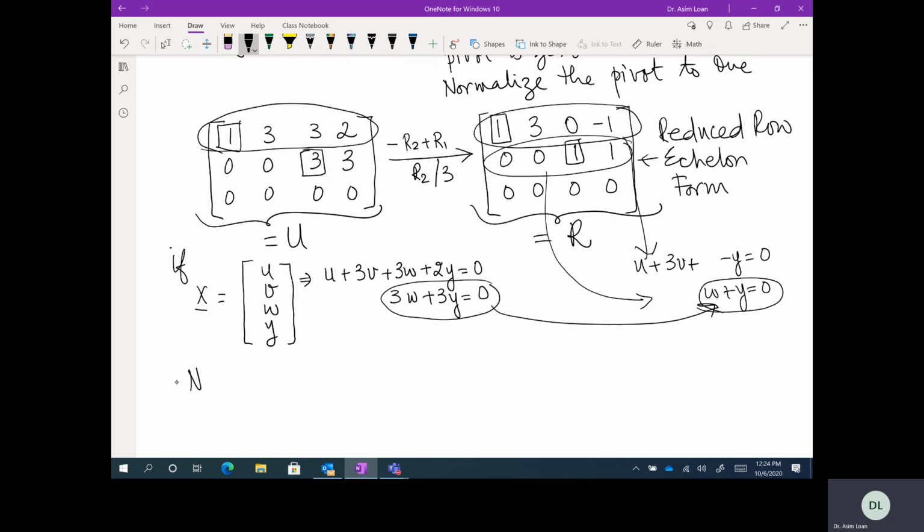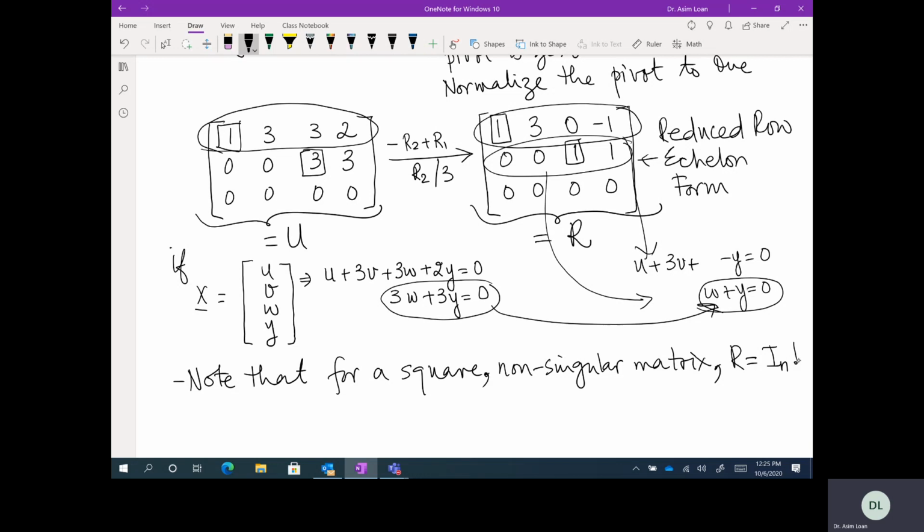And note that for a square non-singular matrix, R is simply the identity matrix.